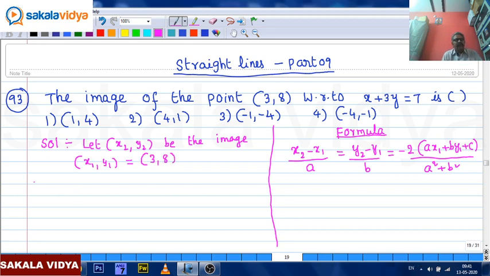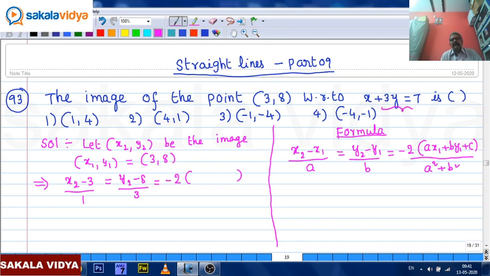So, we get (x2 minus 3) upon a, here 1, next (y2 minus 8) upon b, the y coefficient 3, equals minus 2 times.